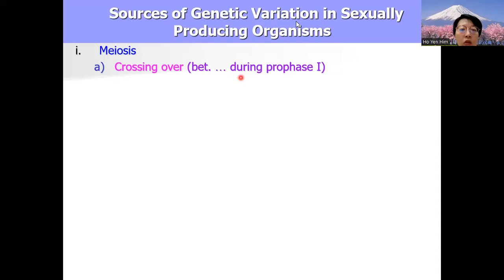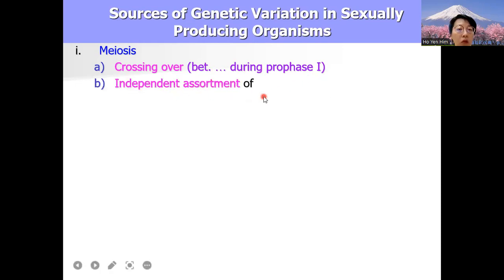Okay, so you see, humans are sexually reproducing organisms. Every individual looks different. So we want to know what the sources are that cause genetic variation among all sexually reproducing individuals. Number 1, of course, meiosis. Just now we already saw what processes in meiosis lead to genetic variation among the gametes. So we recap here. A, crossing over between non-sister chromatids of homologous chromosomes during prophase 1 leads to genetic variation in the gametes.